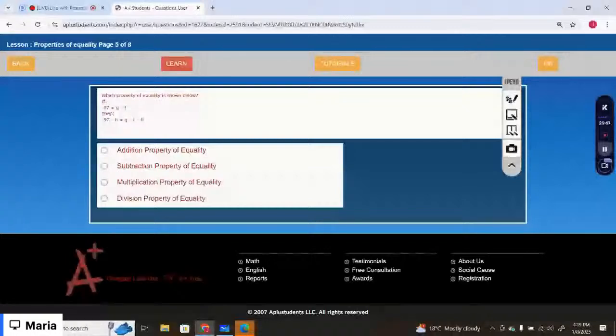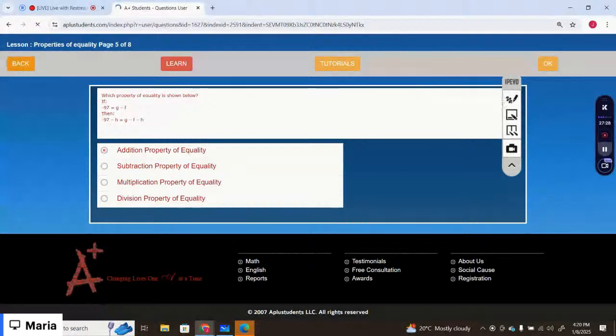So which is the correct option? That is addition property of equality. Option number one is the correct option.